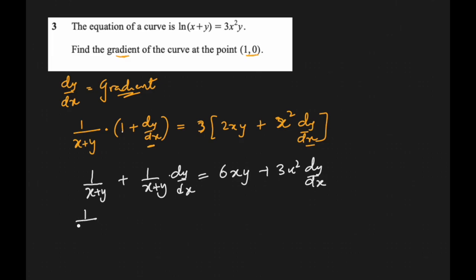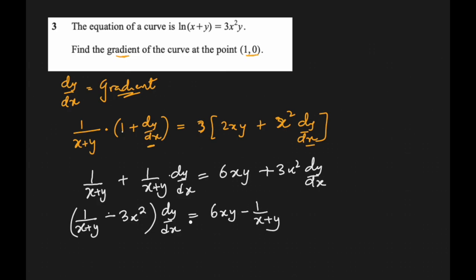So 1 over (x plus y), and minus becomes plus right here. So minus 3x squared, they both have dy over dx, so I take that common. Then 6xy remains here, minus 1 over (x plus y), which comes from the left side.